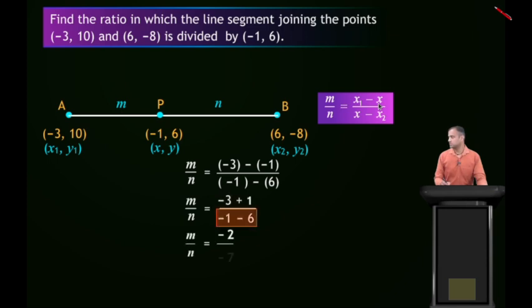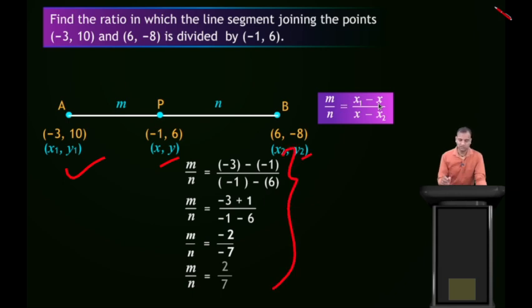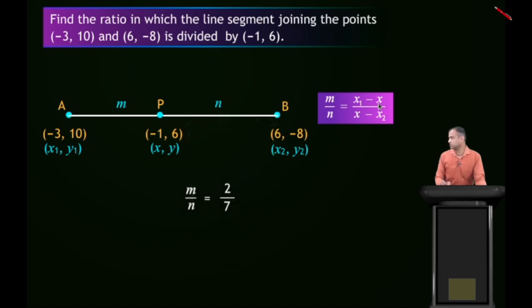So this is minus 2 upon minus 7, or the ratio m upon n equals 2 upon 7. Okay, you can also verify this ratio by using y1, y, y2. You can use this formula also, (y1 minus y) upon (y minus y2). So here the ratio is 2 upon 7.